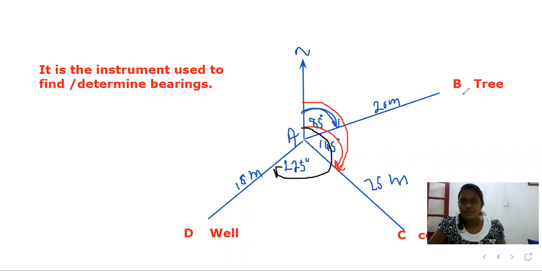The bearing of the jack tree from A is 85 degrees with the distance of 20 meters. The bearing of the coconut tree is 145 degrees with the distance of 25 meters. The bearing of the well is 225 degrees from A, 18 meters away. We can say it that way also.